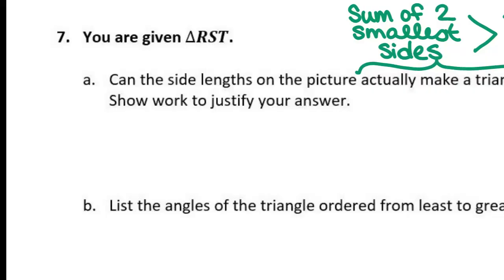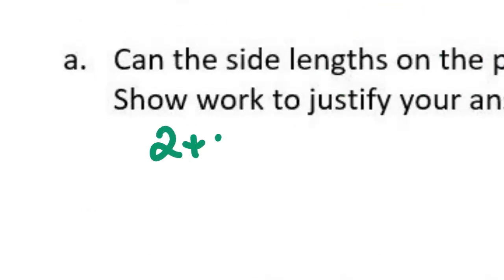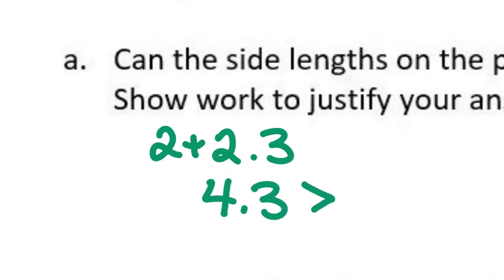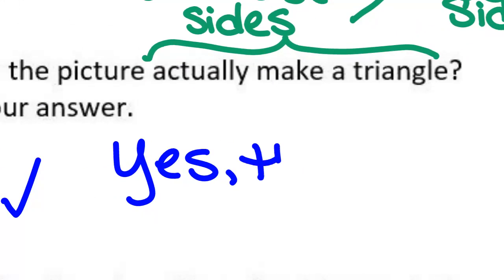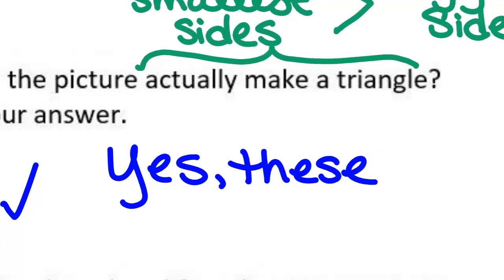We're going to add those together. What do you get when you add those together? 4.3. Is that bigger than my biggest side of 3.9? Yes. So my answer to this would be yes. These side lengths can make a triangle.